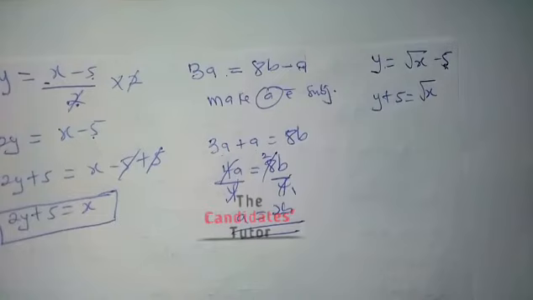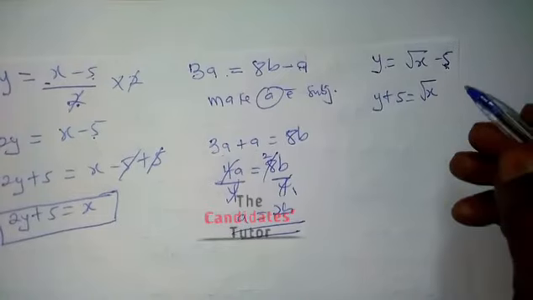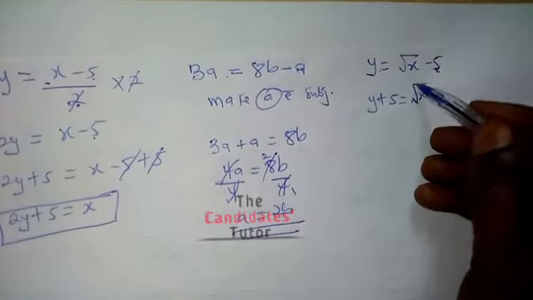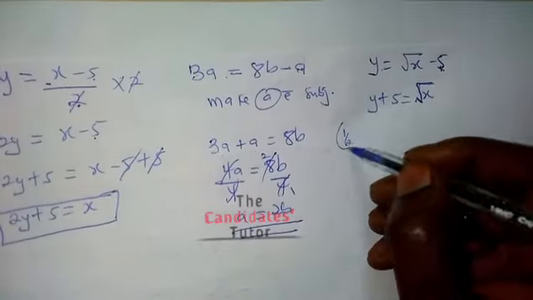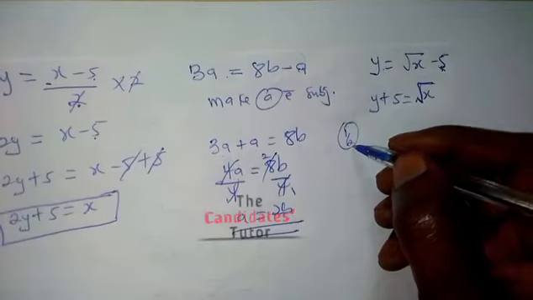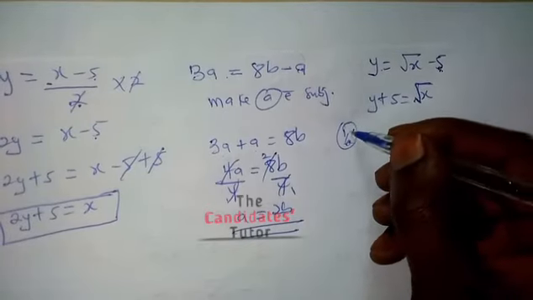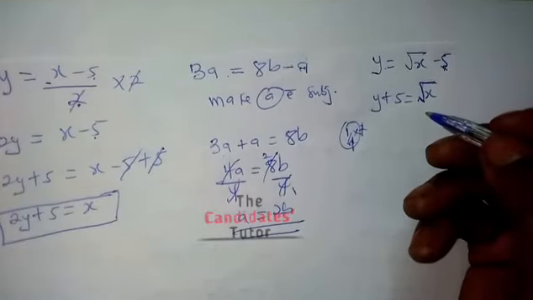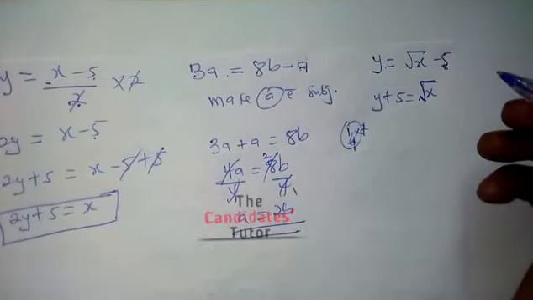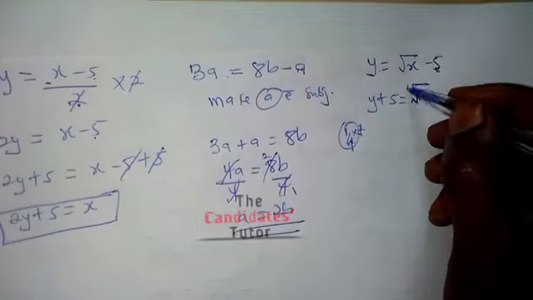Now we are looking for x and not root x. So you should know that the value of this square root is the power 1 over 2. Therefore, if we want to take care of 1 over 2, we have to multiply by 2, so that this 2 will take care of this 2 and there is only 1. Hope you understand what I'm saying. So what we do is that you square both sides.